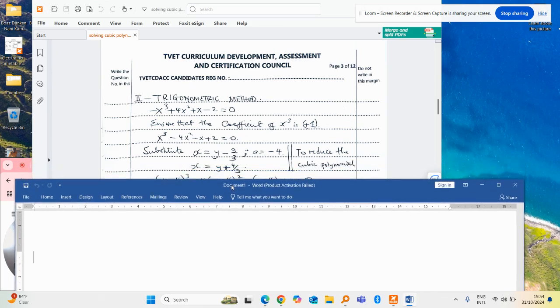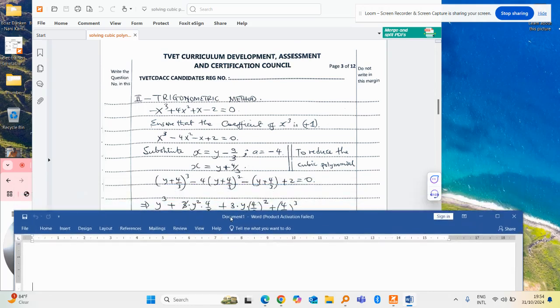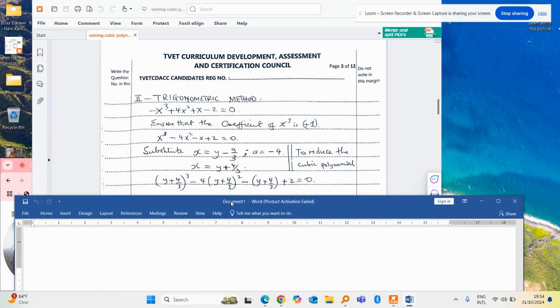So when you put negative 4 there, you get x equals y plus 4 over 3. And when you do your substitutions, you get this, as you can see. So you use binomial expansion to get those answers.